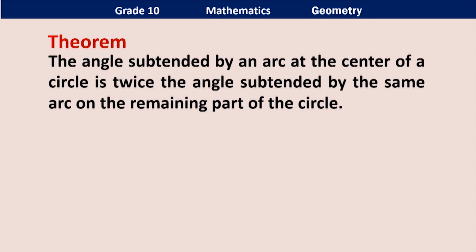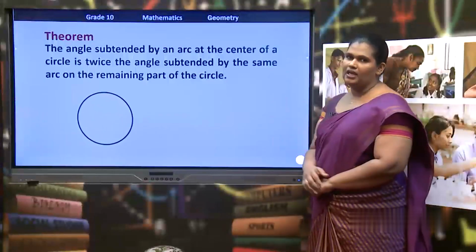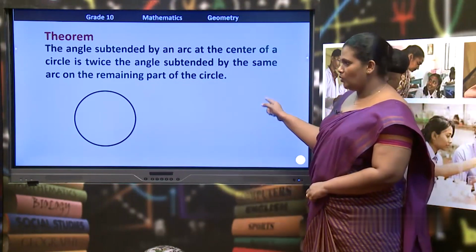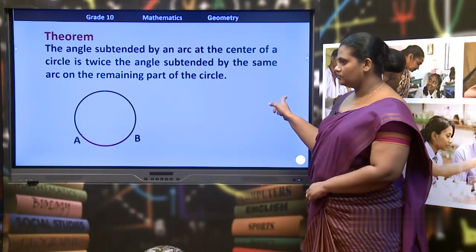I will say it once again. The angle subtended by an arc at the center of a circle is twice the angle subtended by the same arc on the remaining part of the circle. What does it mean? Here I have got a circle. Now, we will get an arc.